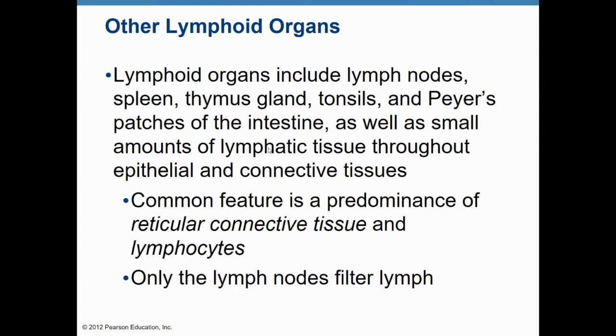And remember the little purple staining cells, the ones that look like the cherry blossoms, those are the actual lymphocytes. We do have lymphatic tissue in other organs, but only lymph nodes filter the lymph.